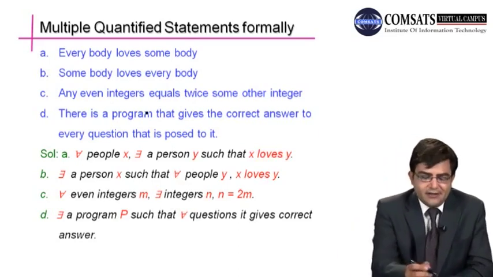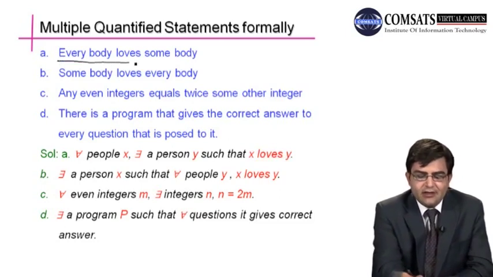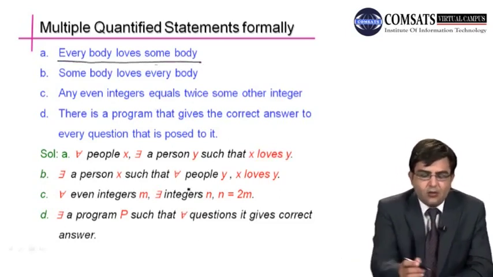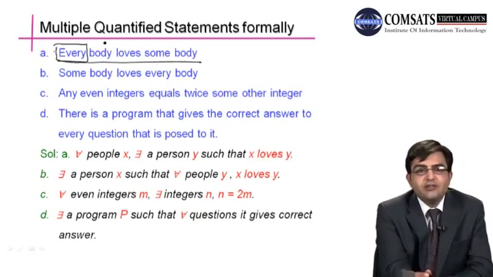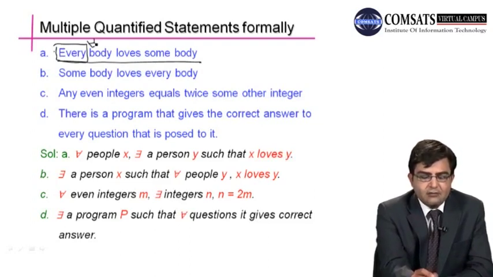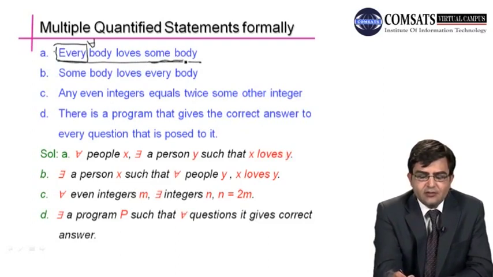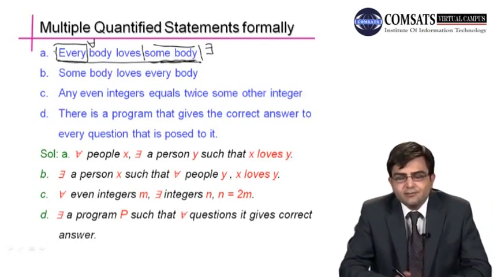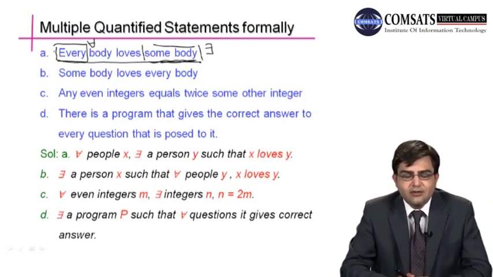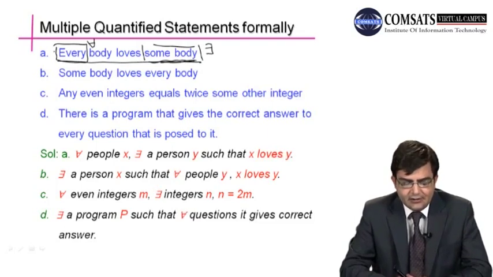For example, the first statement is: everybody loves somebody. For everybody we will obviously use the universal quantifier, for all, and for somebody we shall use the existential quantifier, there exists. So such statements involve both quantifiers, universal and existential.